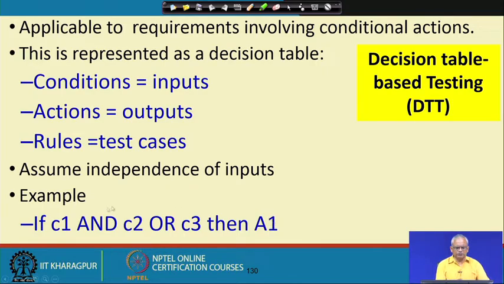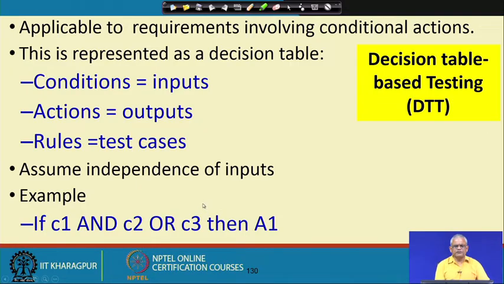But if the outcome of this specific combination is false, then there is no action. This is the simplest case. We might have much more complex ones, where several actions are possible depending on the specific outcome of the expression.